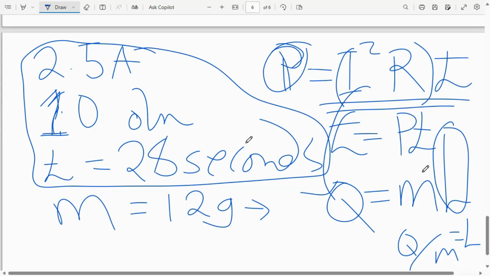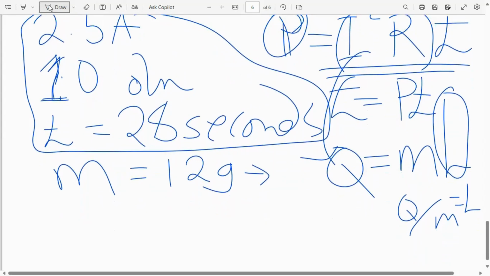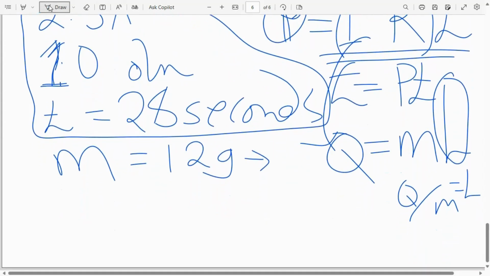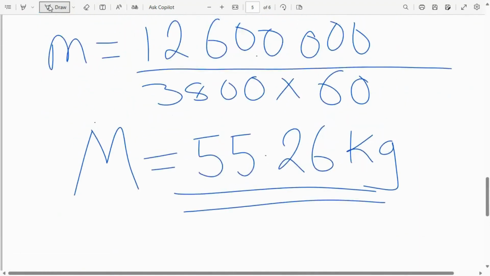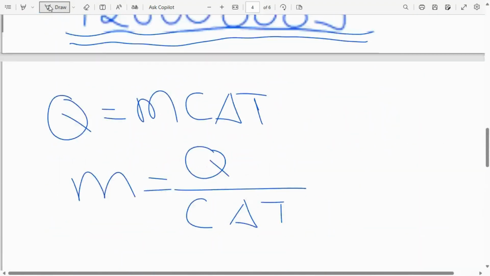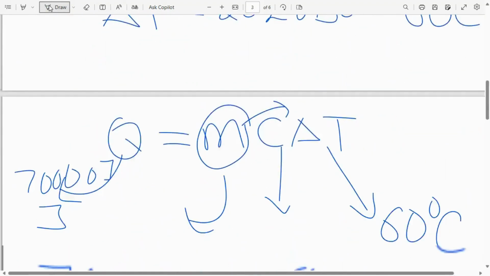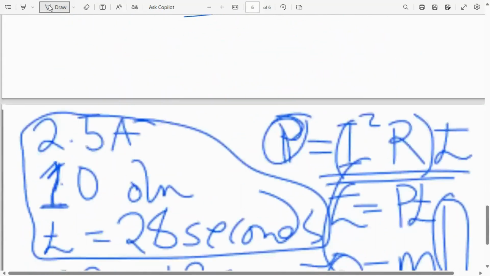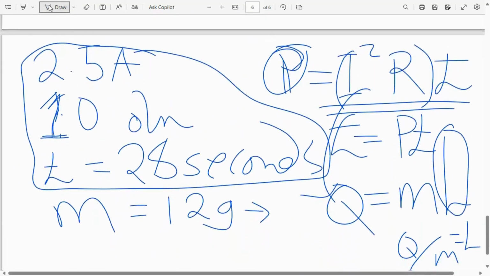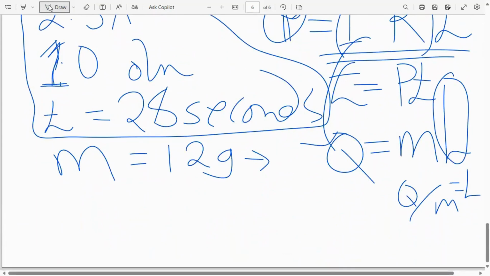Let's get it done here. Oh, I've used the wrong board. All right, anyway, it's fine. I'll say my energy will be equal to I squared, and what is I squared?